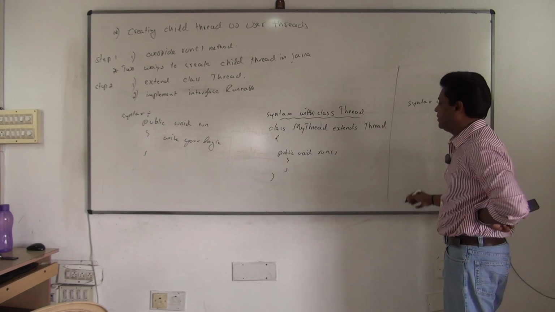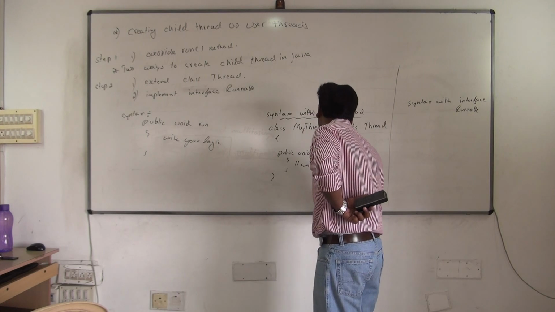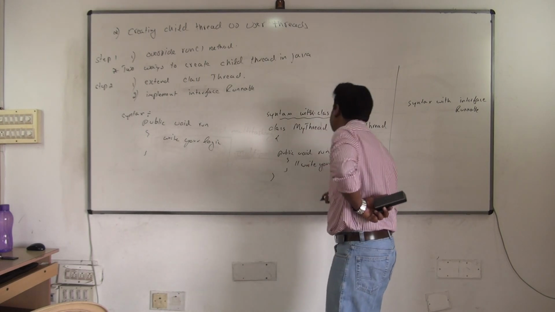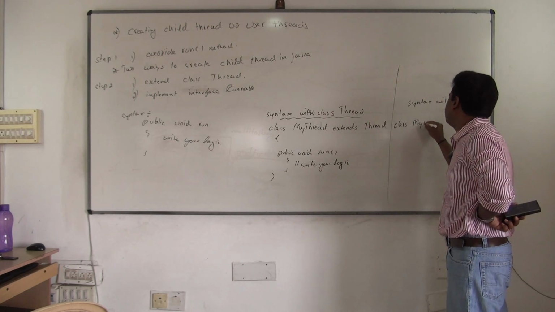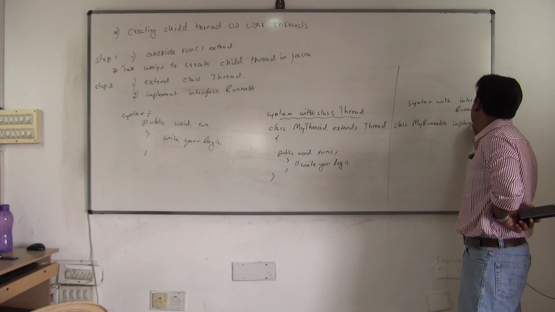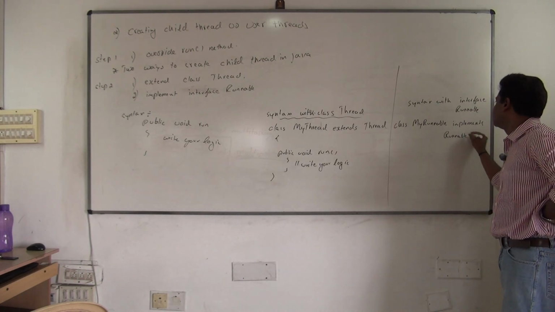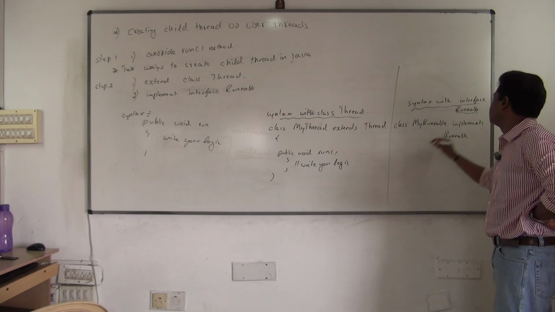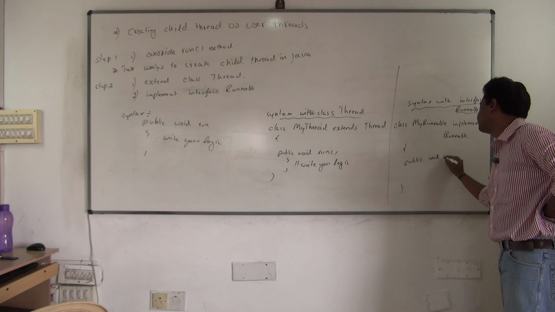See this, that's all. Here, write your logic. Here, class my runnable implements what? Runnable. Here also, what will you do? Override, that's it.